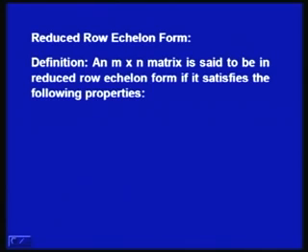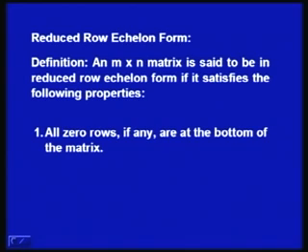We define an M by N matrix to be in reduced row echelon form if it satisfies certain properties. What are those properties? The first property is that all zero rows, if there are any, are at the bottom of the matrix. So, if there are some zero rows, then they will be at the bottom of the matrix.